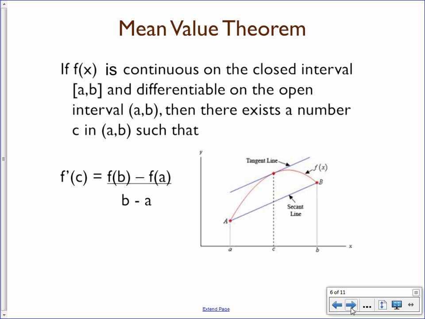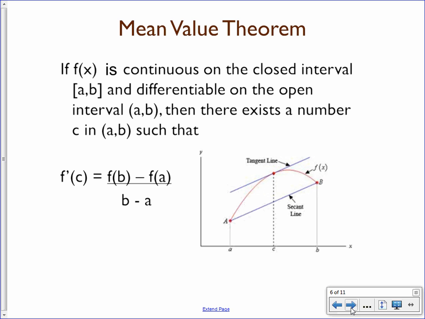Okay, so the mean value theorem. We have to be continuous and differentiable once again. The mean value theorem basically says that between two points, the average rate of change is the same as the instantaneous rate of change.